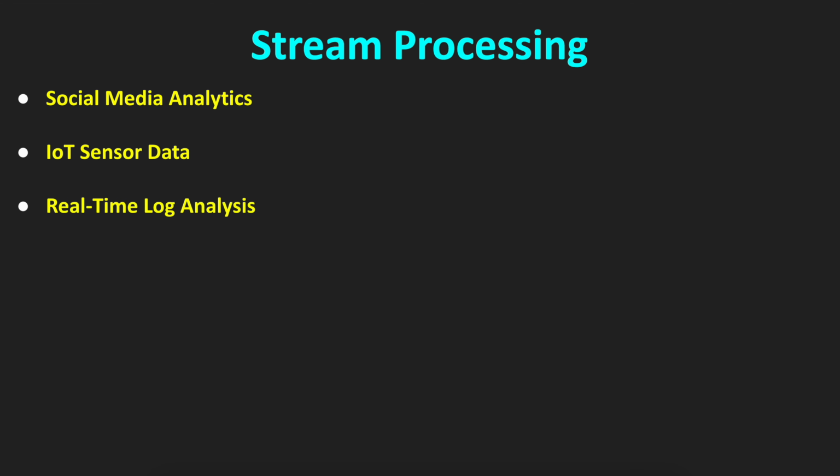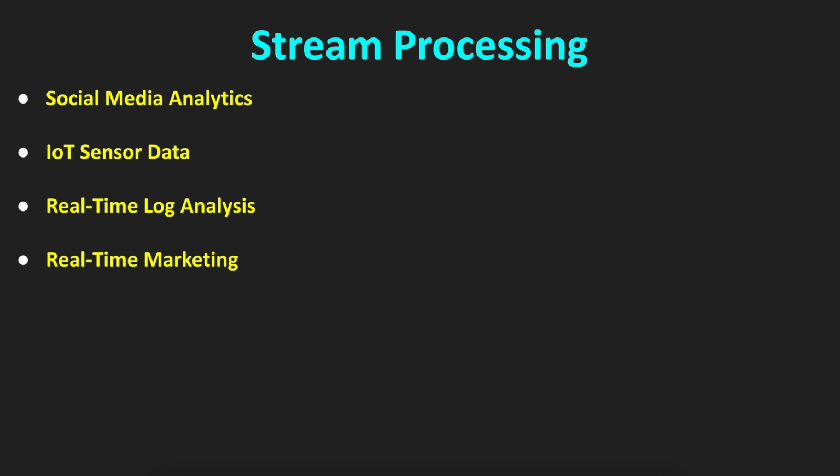The next one is real-time log analysis. Most of the tools in cloud infrastructures generate logs, for example AWS CloudWatch or the Elastic Stack. We use stream processing to analyze the logs continuously for errors, performance bottlenecks, and similar kinds of issues.